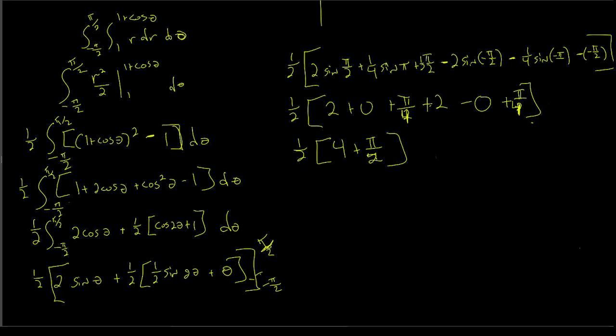And that gives me 2 plus pi over 4, which is the area inside of that curve.